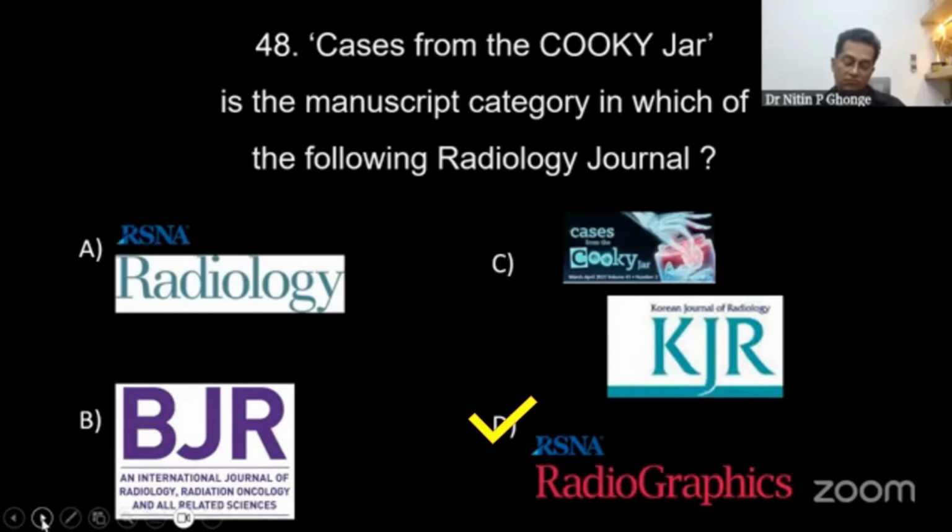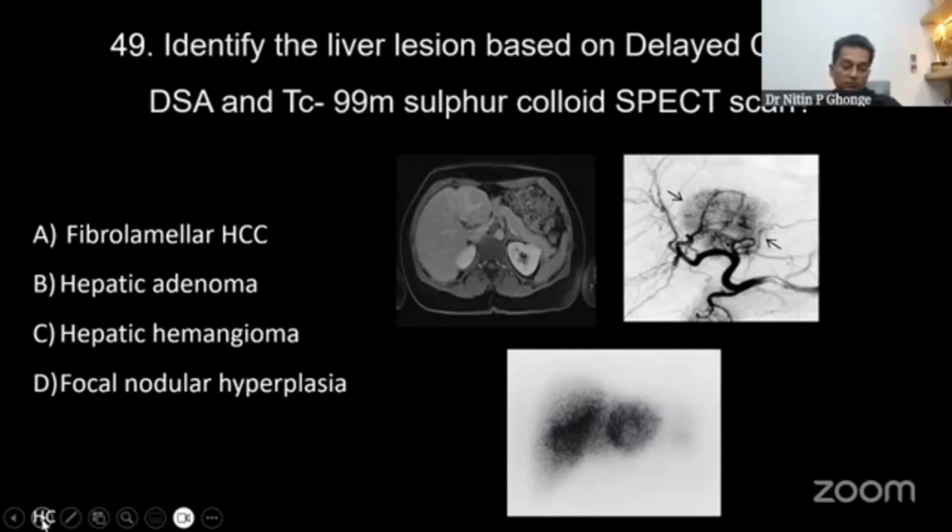Cases from the cookie jar in the RSNA RadioGraphics are extraordinary teaching files being studied by many thousands of radiology students worldwide. Hence, D is the right answer. MR and DSA are favoring focal nodular hyperplasia, and the SPECT is very classical for it as this uptake would not occur this way in the given other options.